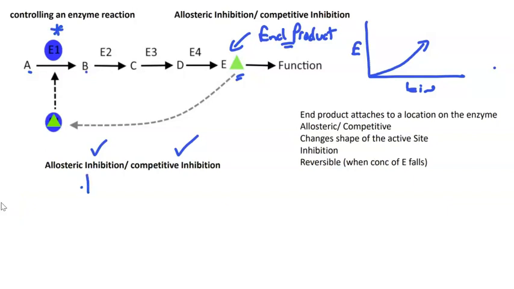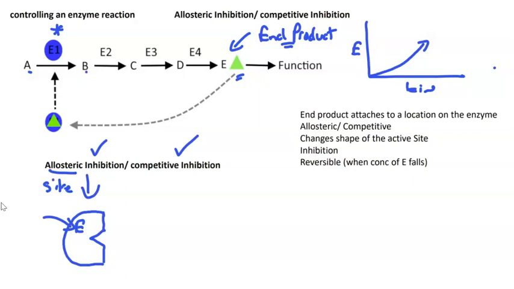If we look at the allosteric interaction, then let's draw the enzyme E1 and give it an active site like so. And E, in this case, will attach to the surface of the protein, but not the active site. This location on which it attaches is actually known as the allosteric site.